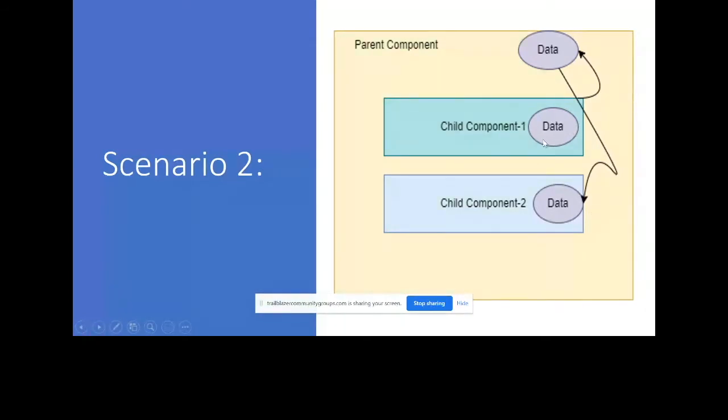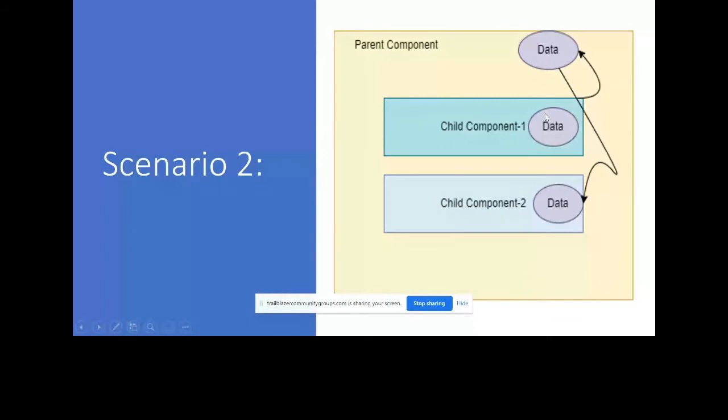First we pass child component 1's data from child to parent, and that data in the parent we pass to child component 2. So how are we going to do it?